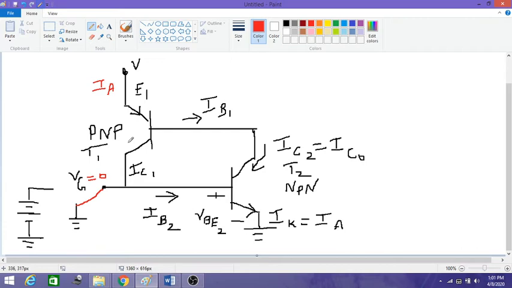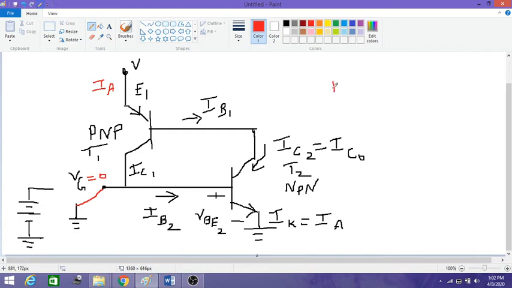So when Vg is equal to 0, the transistor T2 is in the off state, which means the emitter base junction of T1 is reverse biased. Therefore IB1 is equal to IC naught, which is a minority current carrier, very too small to turn on the SCR.